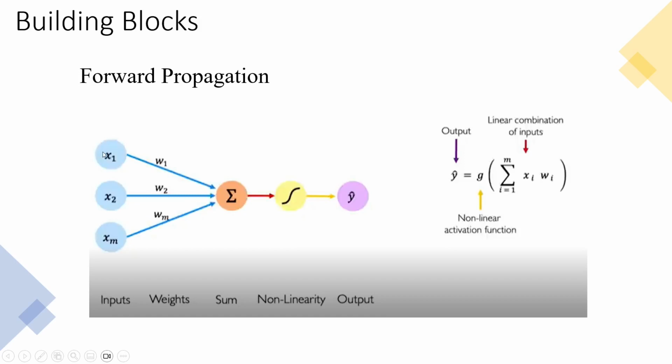So you have an input, you multiply your inputs with the weights, and then you add a bias here, and then you use your activation function, which we will be calling G in this case, and you obtain the output of your network or your neuron.